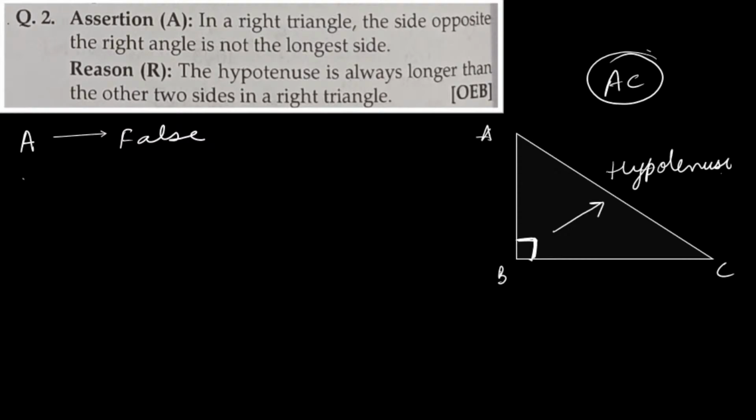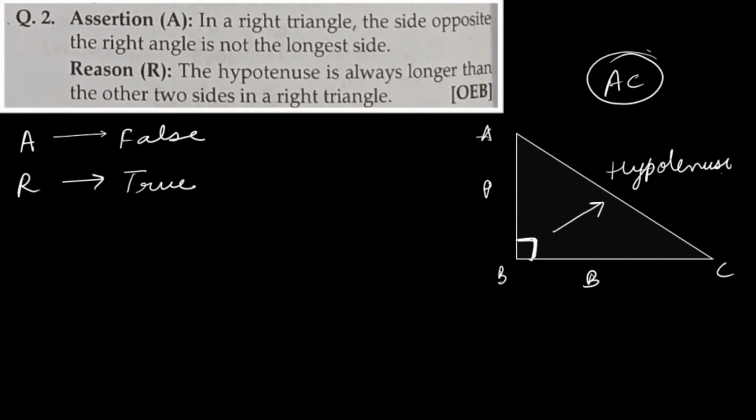Then R. Reason, the hypotenuse is always longer than the other two sides. So yes, it's understood, it's clear. Hypotenuse is always longer than other two sides. Other two sides are perpendicular and base. Hypotenuse is longer than perpendicular and base, and it's always opposite to right angle. So 90-degree angle. So R is true.